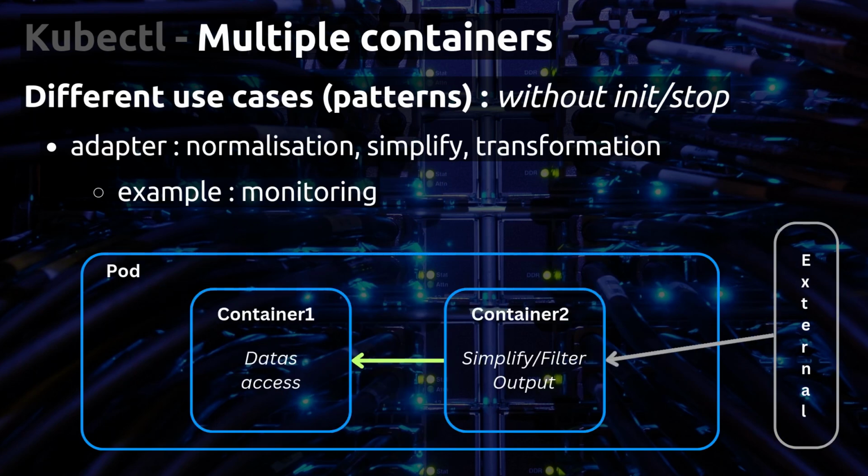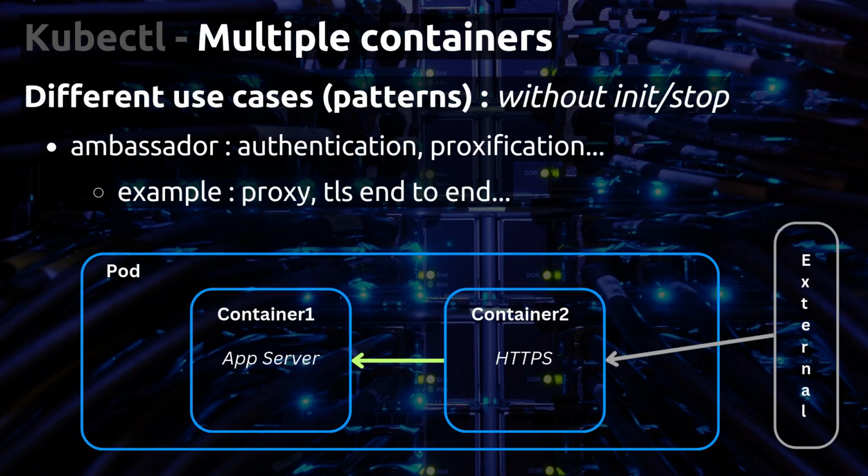Now another pattern is the adapter. The adapter allows you to transform data provided by the main container. For example, it can be useful to normalize your monitoring without changes in the first container. So you can change or filter your data, or aggregate data, for example, to send it to an external database. And finally, the ambassador pattern.